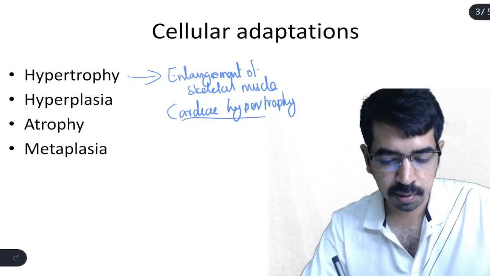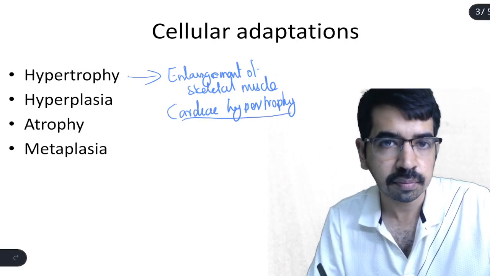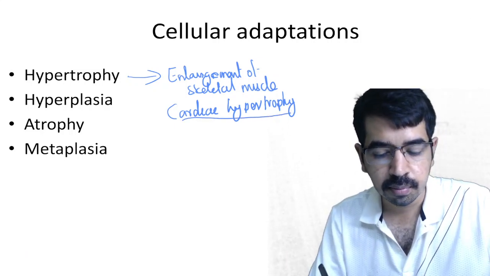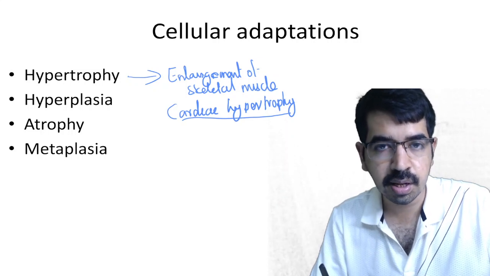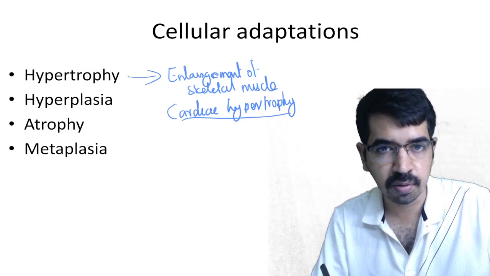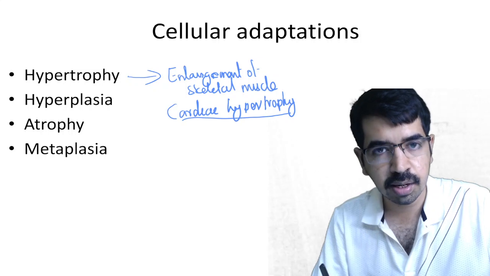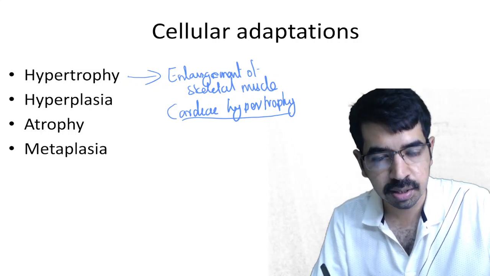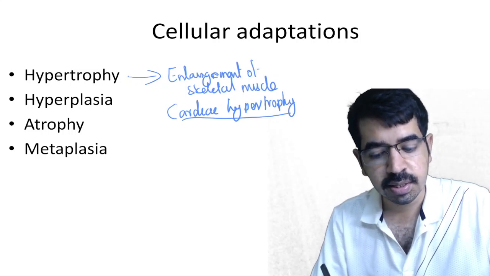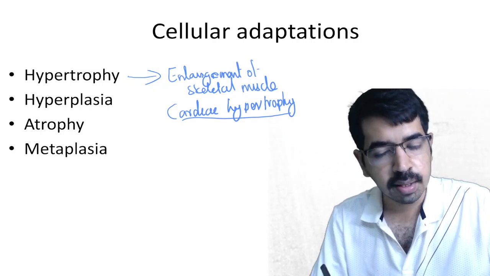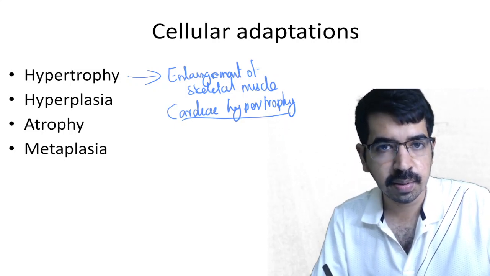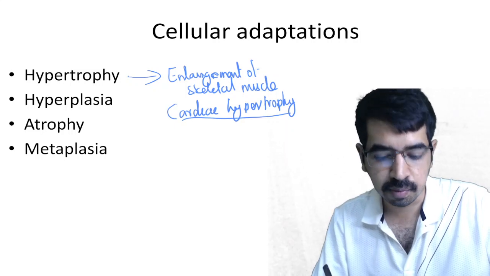So this cardiac hypertrophy is an example for hypertrophy. These cardiac muscles are not capable of dividing. They are post-mitotic cells. So the only way to enlarge is increase in size of the cell due to increased synthesis of the cell substance. Certain interesting changes can take place in cardiac hypertrophy. That also we should be aware of.